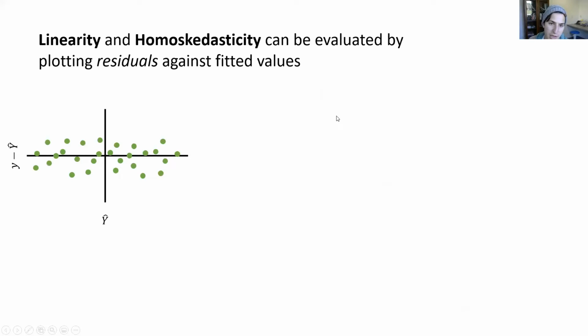So we can evaluate the linearity and the homoskedasticity assumptions by plotting the residuals against the fitted values. The residuals, again, are little y, the observed values of y, minus y hat, the fitted model values of y, what we expect given the parameters of the model. And we plot those against y hat.